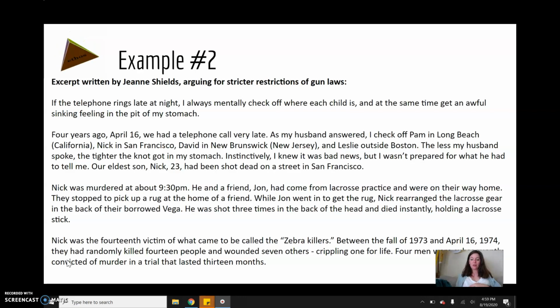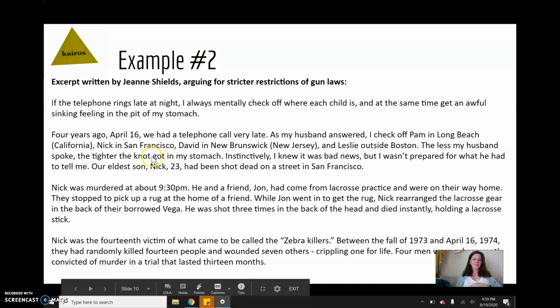And now that you've given it a read, consider whether the primary tool in this is pathos, logos, or ethos. It is pathos. Essentially the author is evoking emotion from her readers in order to make her persuasive point about the zebra killer.